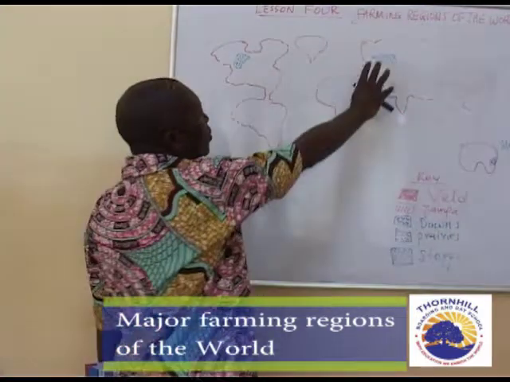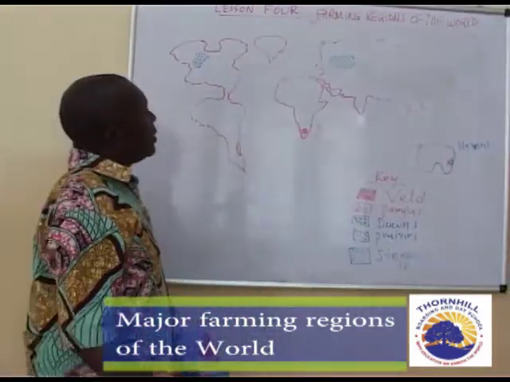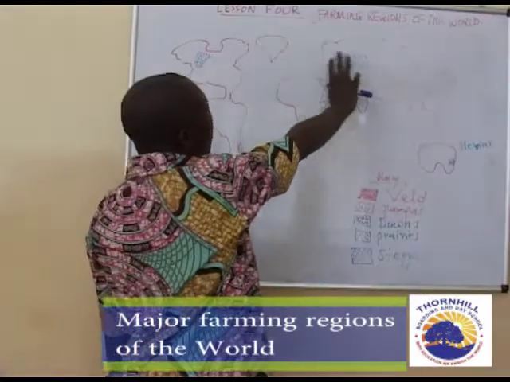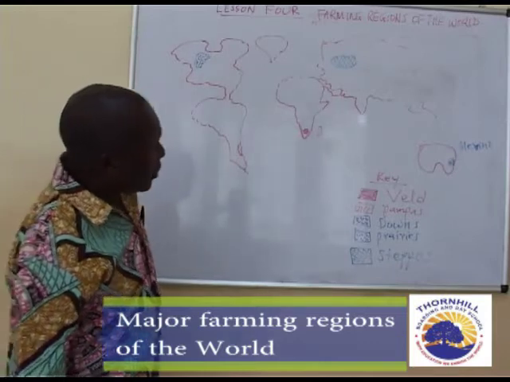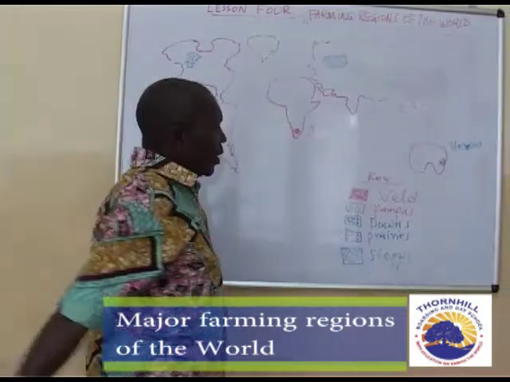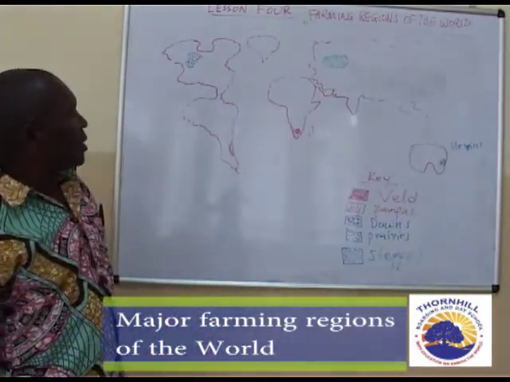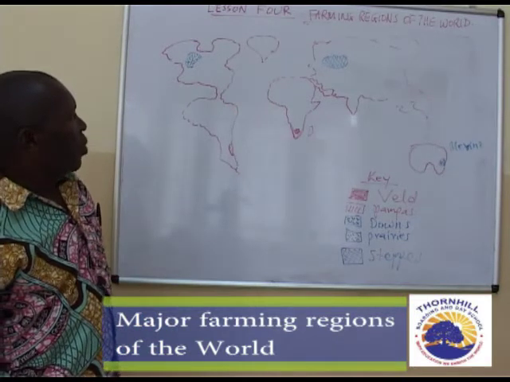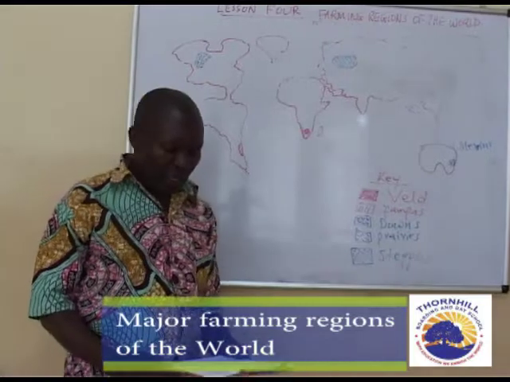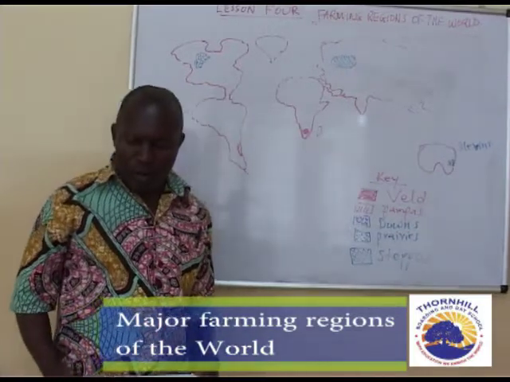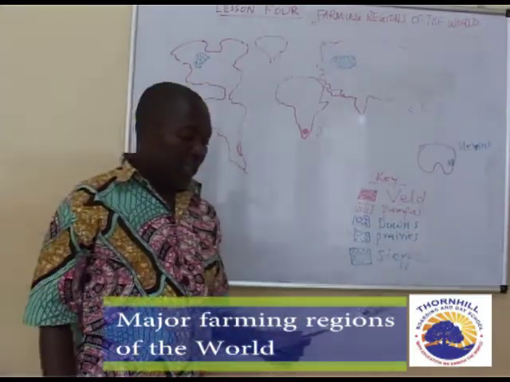Then we come to the last one, which is the steppes bordering Europe and Asia. This is where we have these pastoralists, the nomads, who keep a lot of flock and they don't stay in one place, they move from place to place.